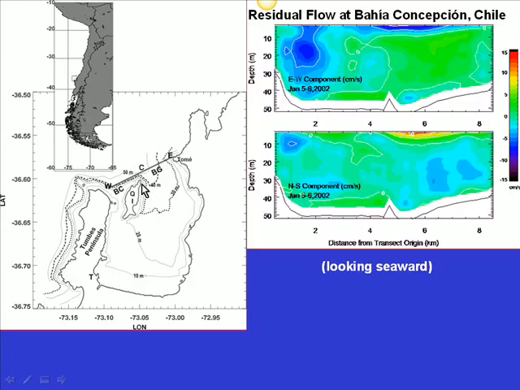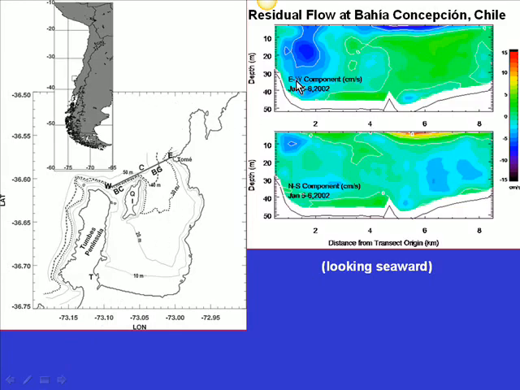Notice that the presence of this island here is very important to affect the flow. In this case, we have the wind coming from the south. It's an upwelling wind, typical for this area to have winds from the south. So again, the wind is blowing offshore.